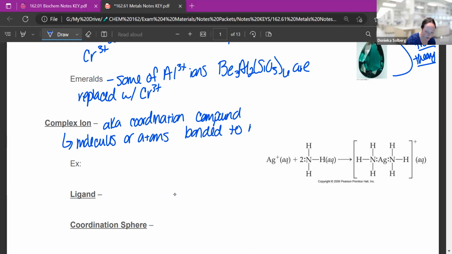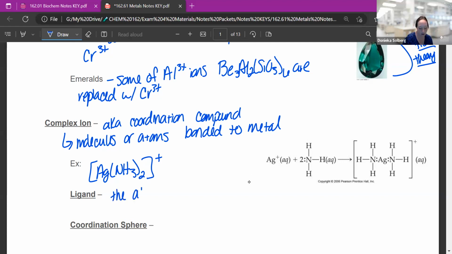An example is Ag(NH3)2+. This is a silver that has two ammonia molecules attached to it. Whenever silver is in the vicinity of ammonia, the ammonia likes to bond to the silver, and they share electrons in their s and d orbitals. So this is the complex ion. There's a name for these attached molecules, like ammonia in this case. They're called ligands. Those are the attached molecules.